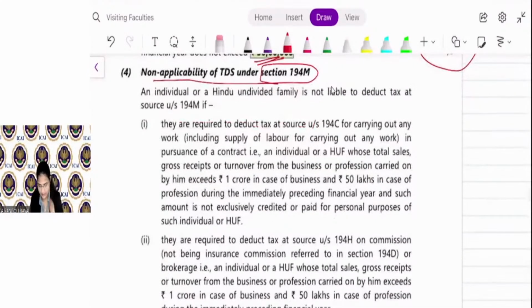See here it is given that if as an individual or HUF, you are required to deduct TDS under section 194C, that is, individual or HUF whose total sales, gross receipts or turnover from business or profession carried on by him exceed 1 crore in case of business and 50 lakh in case of profession during the immediately preceding financial year, and such amount is not exclusively credited or paid for personal purpose of such individual or HUF, then 194C is applicable.